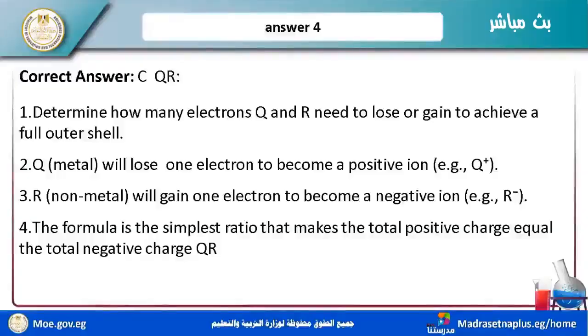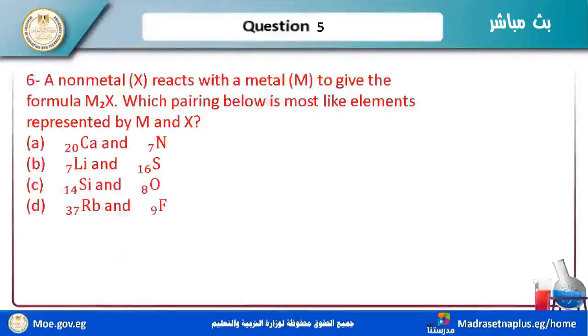Now we turn to the next question, number 5. Non-metal X reacts with a metal M to give the formula M2X. We focus on this question to know what its aim is: which pairing is most likely to represent elements M and X?